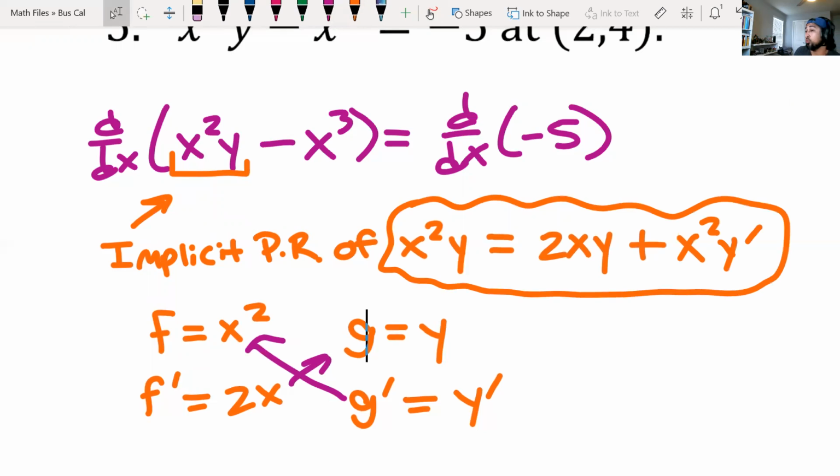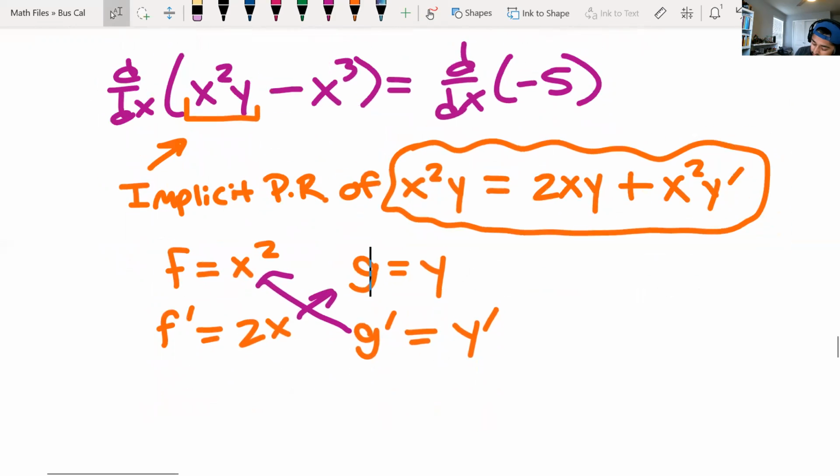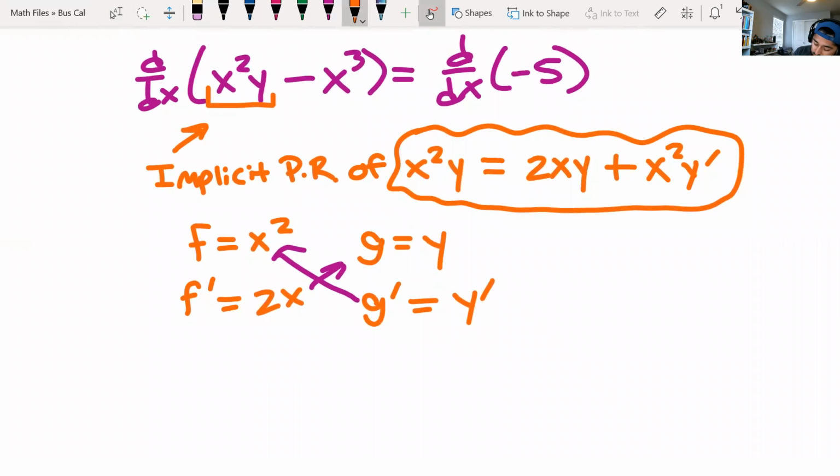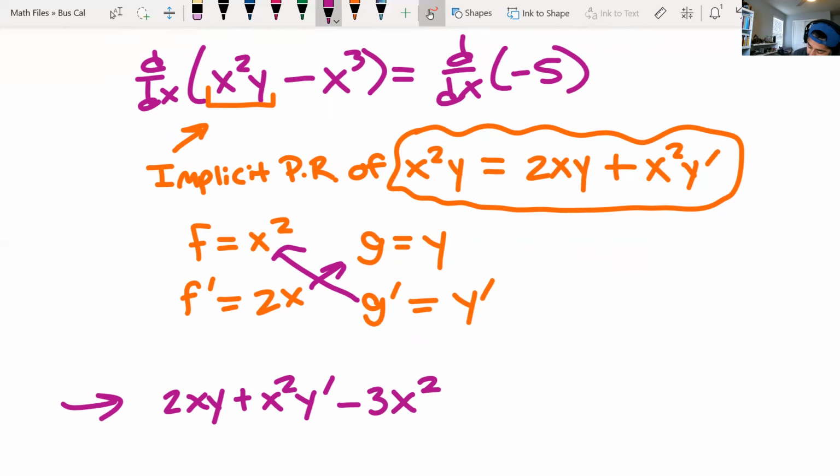There's the implicit product rule of x squared y. Now let's continue. And that's going to come down 2xy plus x squared y prime minus the derivative of x cubed, 3x squared, equal to 0.